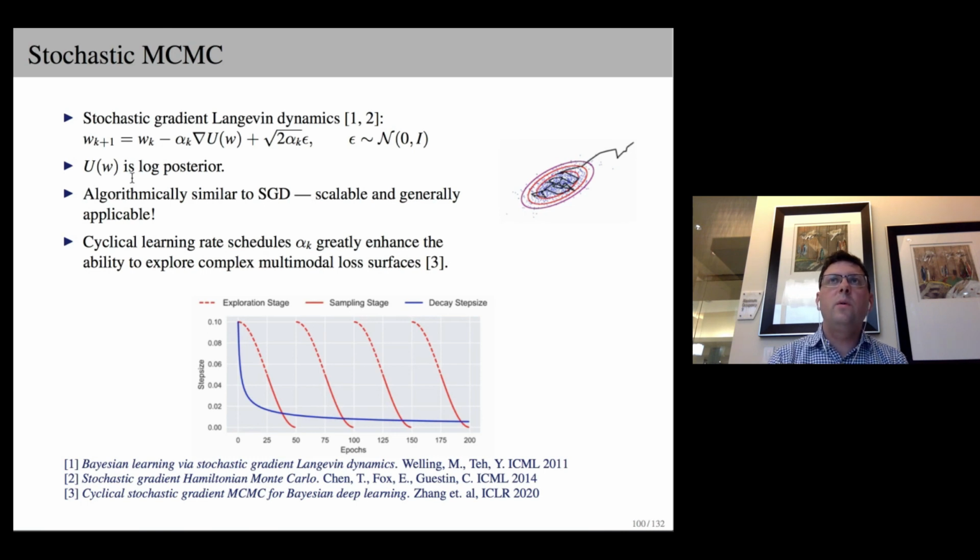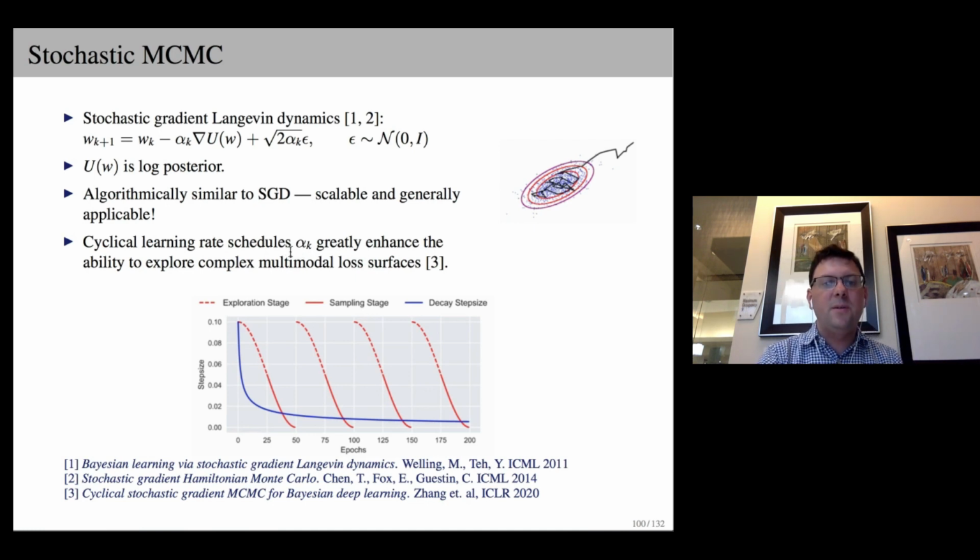Now, when we're doing optimization, even though we explore the loss surface to try to find a good solution, in the end, all we care about, in principle, is finding a solution with low loss. Whereas when we're sampling and doing Bayesian model averaging, we really care about exploring this surface. And so in this case, the learning rate schedule is particularly crucial for good performance.